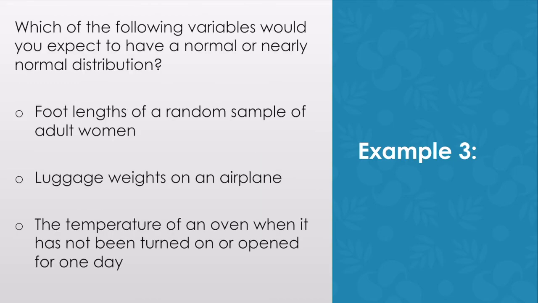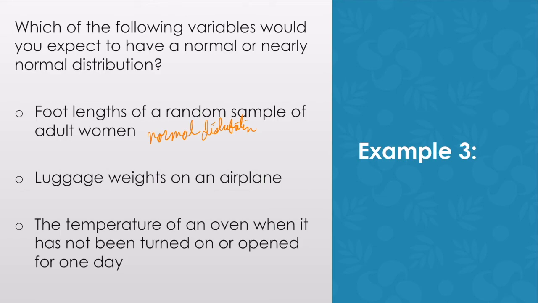Next, what about foot lengths of a random sample of adult women? I do believe, as that is naturally occurring data, this is going to have a normal distribution. Luggage weights on an airplane. Well, I think it depends who you're flying with.